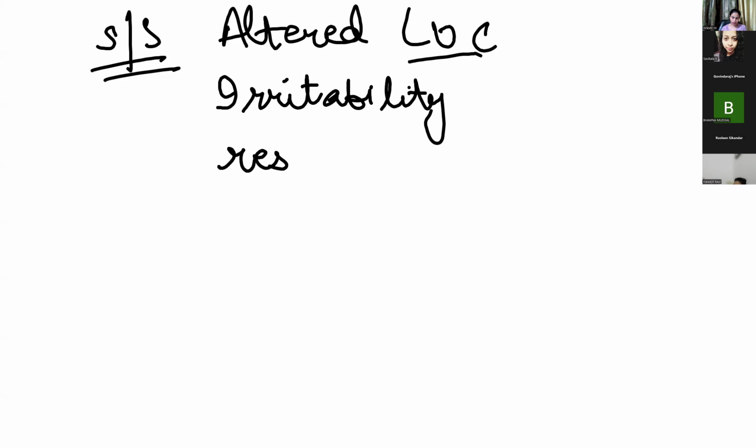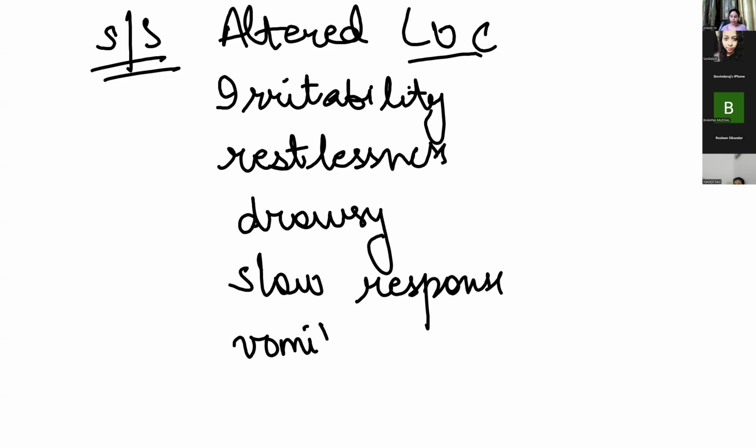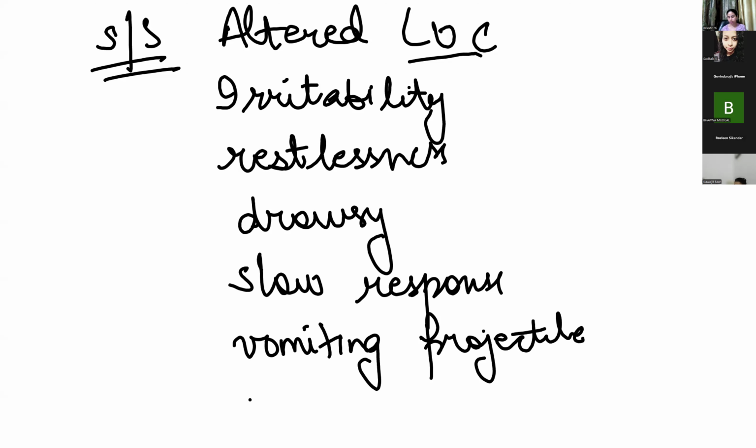Then restlessness. Fatigue. Then drowsy. His or her response will be very slow. And the nature of vomiting will be, yes guys? Projectile. It will be projectile and there will be severe headache.